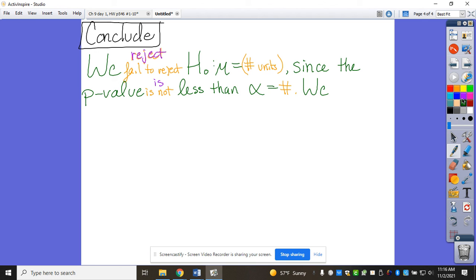Which means that we have two options here. If it's going to be like this, we do or do not. What's going to be on top? Do, because those are all yes. Yes, we reject. Yes, it is. Yes, we do. On the bottom is instead going to be do not.